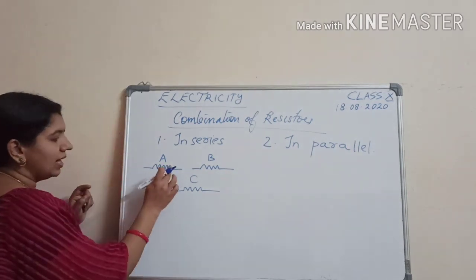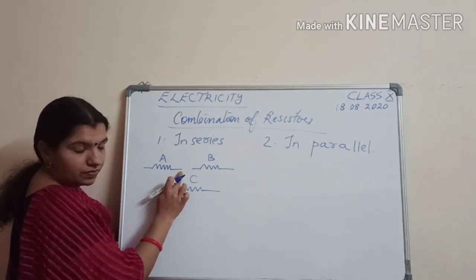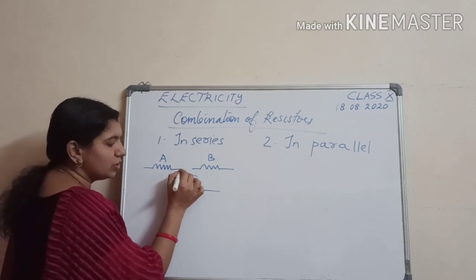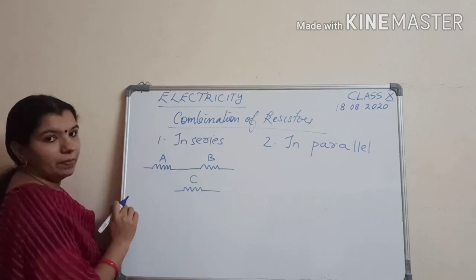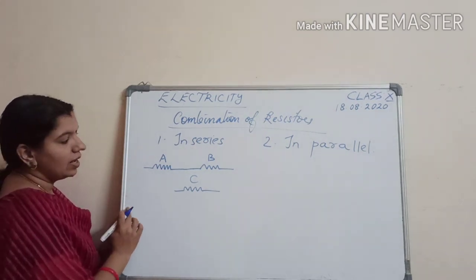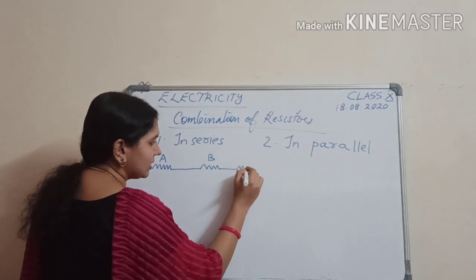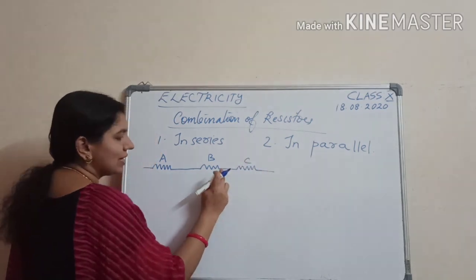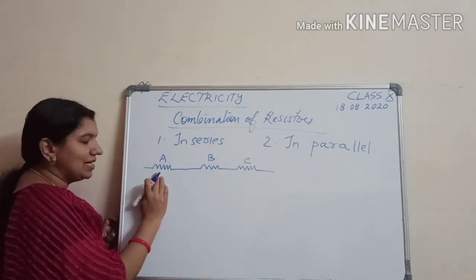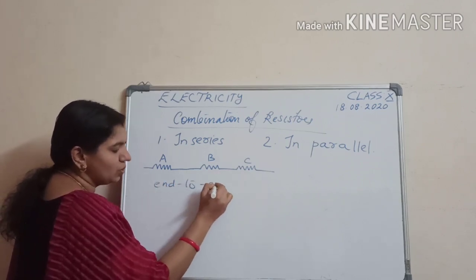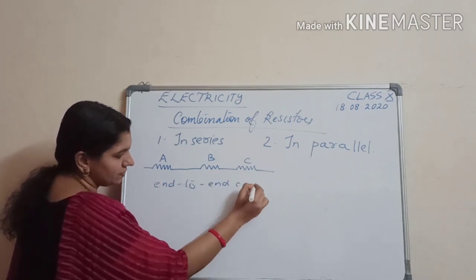It means the end of this resistor, it has two ends, right? The end of this resistor is connected to the end of B. Again, the end of resistor C is connected to the end of resistor B. That means end to end connection.